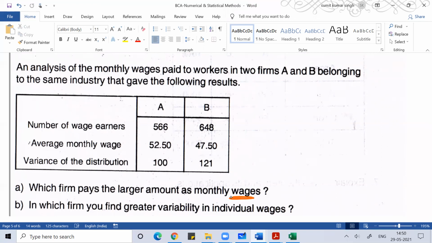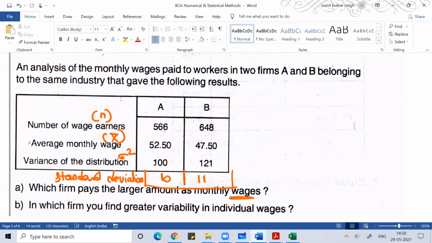If I want the answer to this question, you understand this is the number, this is the average, and this is the variance. If you want the standard deviation, your standard deviation is equal to the square root of variance, that would be 10 and 11. So that would be your standard deviation.